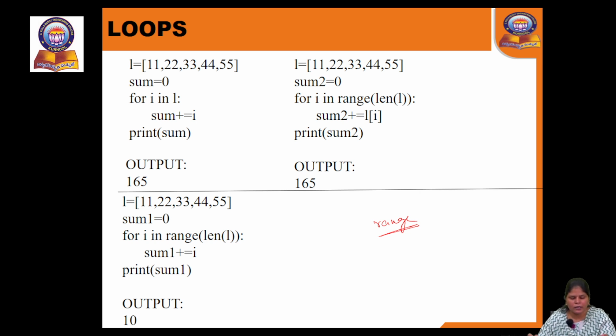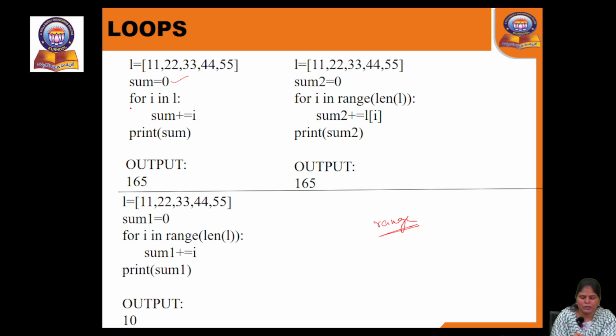First I have taken a list L equal to 11, 22, 33, 44, 55. The main aim is to perform addition of the values that are available in the list. So I want to perform 11 plus 22 plus 33 plus 44 plus 55, and print the sum. So that's why I have considered a variable called sum equal to 0.